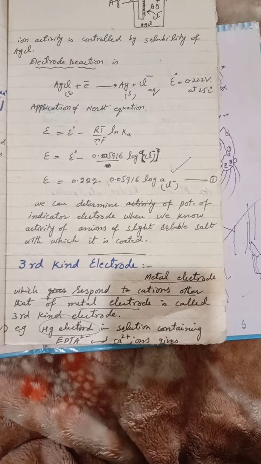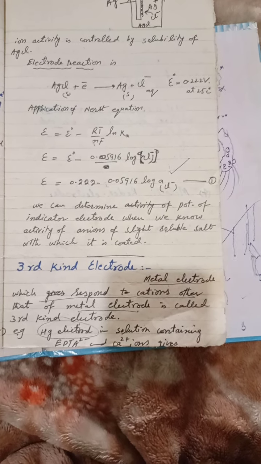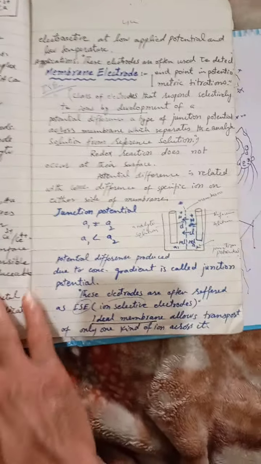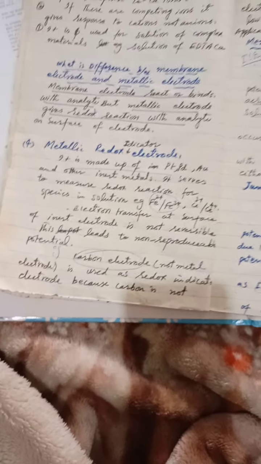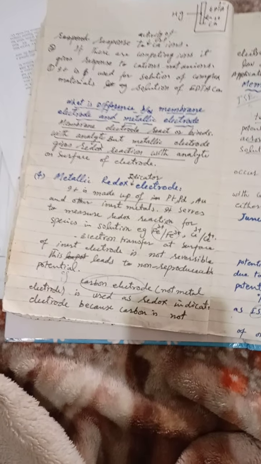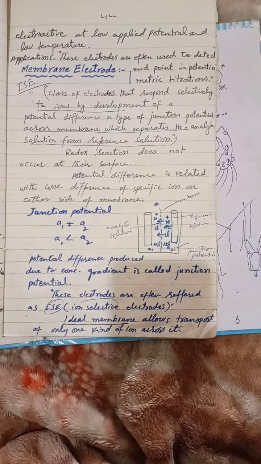This is a third kind indicator electrode we have already studied, which gives response to the cations. This is the metallic redox indicator electrode, and then we also use the membrane electrode as the indicator electrode.